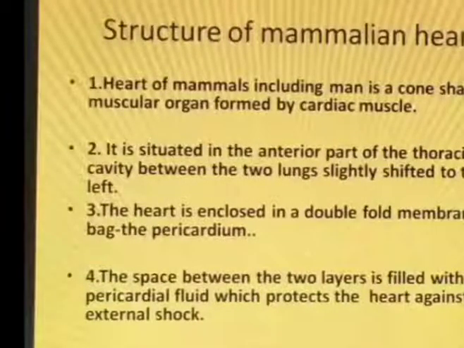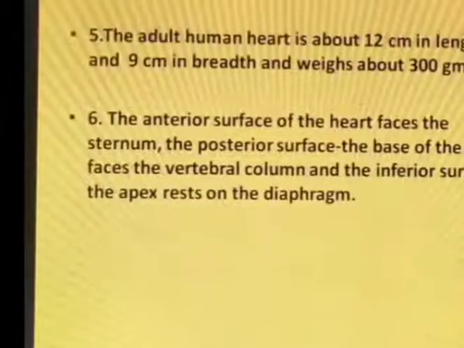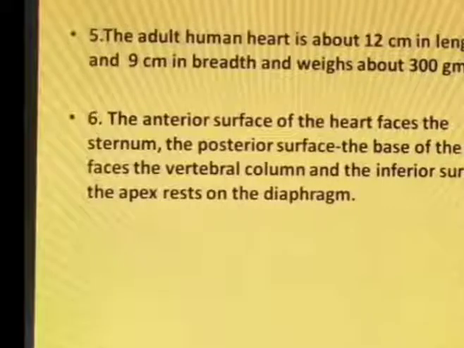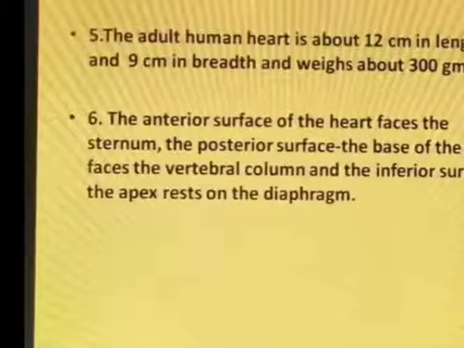shock or injury. The adult human heart is about 12 cm in length and 9 cm in breadth and weighs about 300 grams. The size of the heart is about the size of a human fist. The anterior surface of the heart faces the sternum.